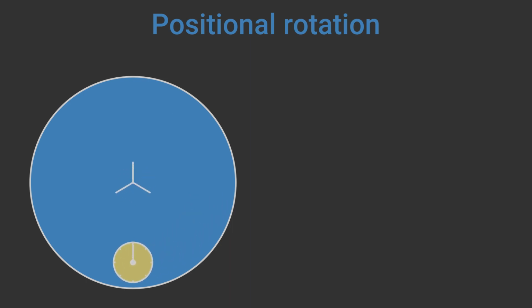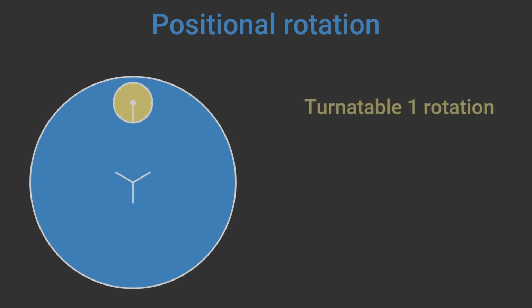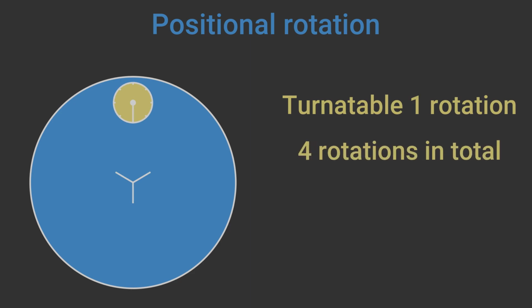In other words, it has effectively rotated through half a turn about its centre. After another half turn of the turntable, it is back to its original orientation, so it has effectively rotated through a full turn about its centre. Combined with the 3 turns from rolling around the edge of the coin, that makes 4 turns in total.